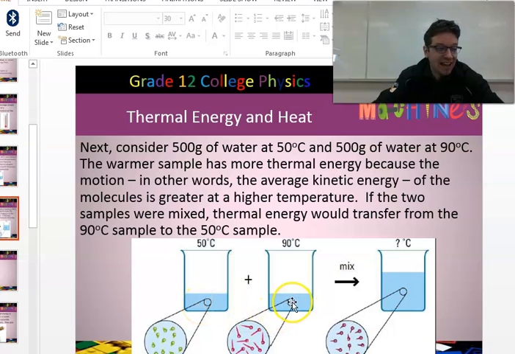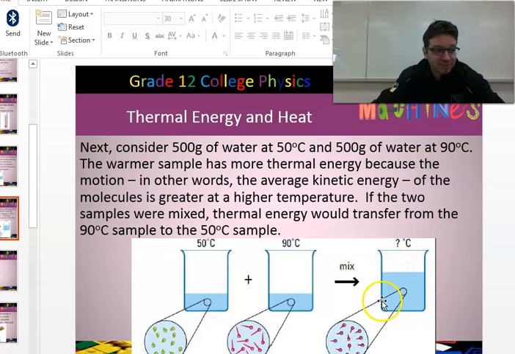Okay? And as they're mixed together, they will eventually end up at a new temperature somewhere in between these two. Okay? And since they're both exactly 500 grams and they're both water, it would be directly in between at 70 degrees.